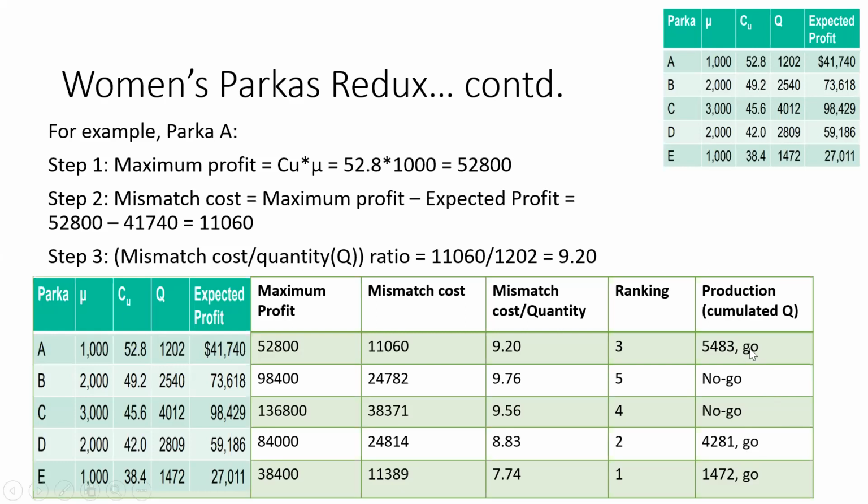And the third one is Paka A. You add up, you get 5,483, and still go because it's around 5,000. So right now it's around 5,000, so you stop here. The left two, Paka B and Paka C, are no go. So you're going to record the demand of Paka B and Paka C and produce them after the trade show. Okay, so far so good.